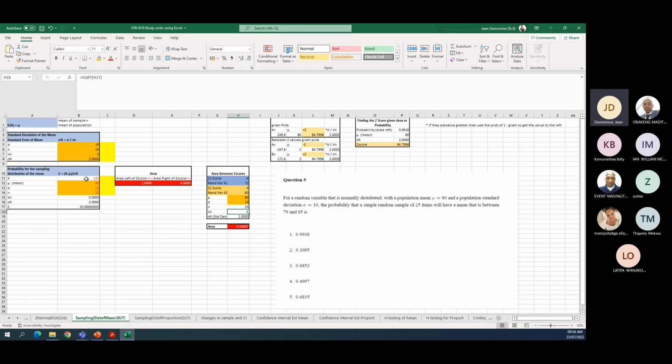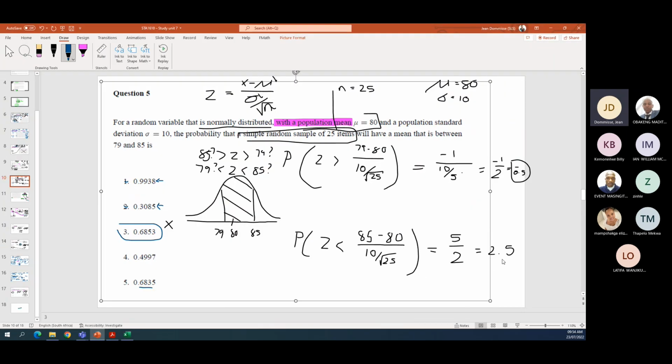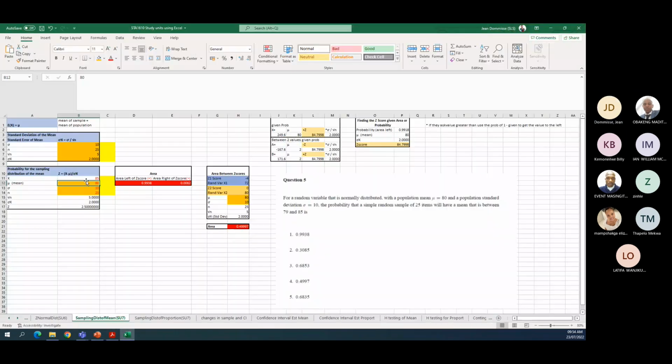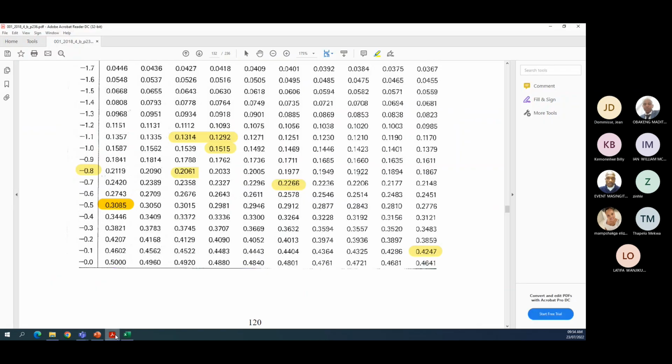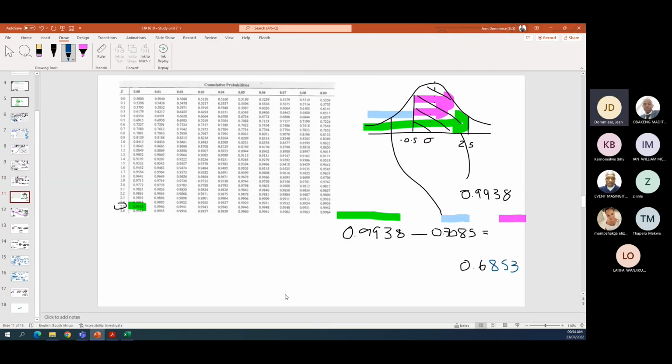But if we only needed to work out the one that was 85, we could have included 85, and you will see it's 2.5, which was the one. And then we would have worked out 0.9938, which was the one that we got.